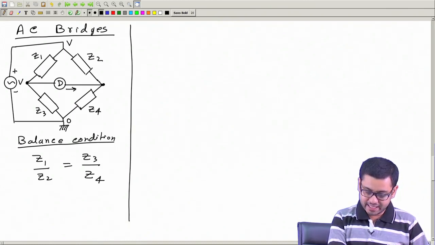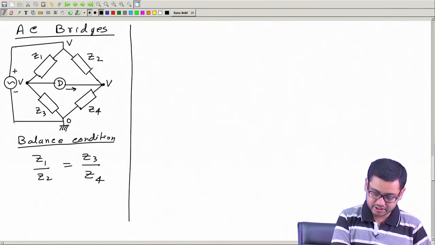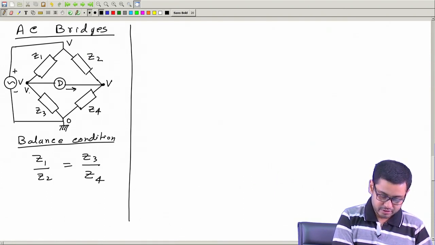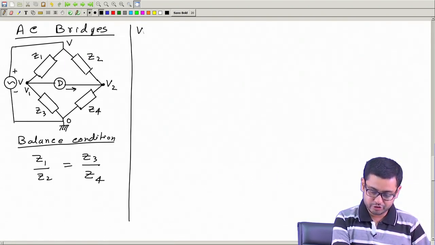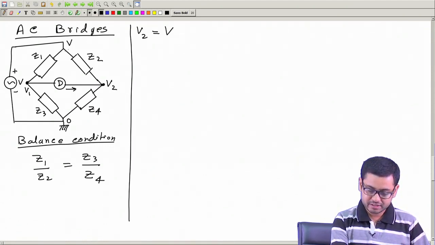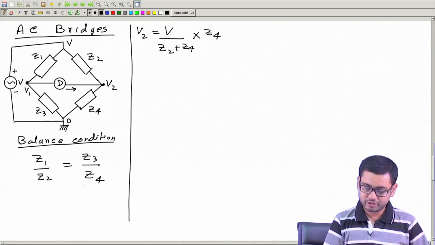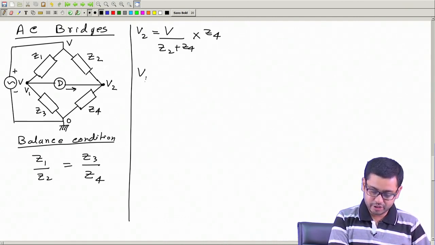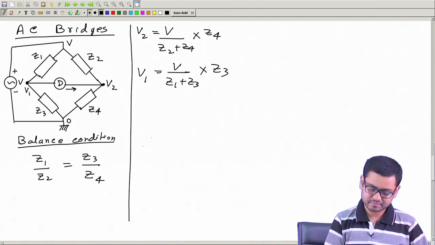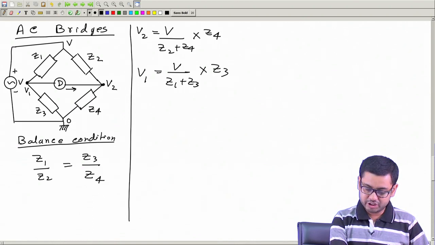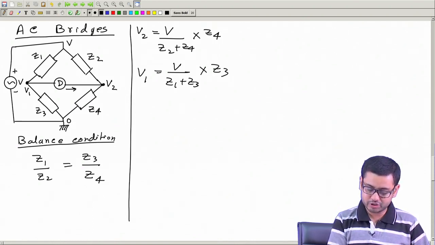So, the potentials at these points can be found, call them V1 and V2. We can write V2 using the potential divider rule as V divided by Z2 plus Z4 multiplied by Z4, and similarly V1 will be V divided by Z1 plus Z3 multiplied by Z3.